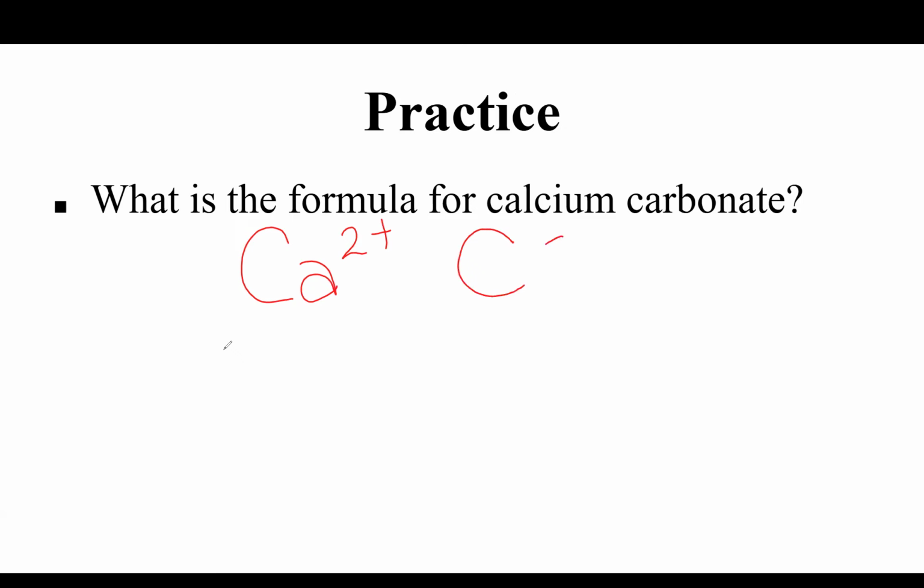Carbonate, if we look on that chart, you'll see it has CO3 2 minus. So if we wanted to make a compound out of these 2 ions, the 2 plus and the 2 minus cancel each other out, so it would just be CaCO3. That would be the formula.